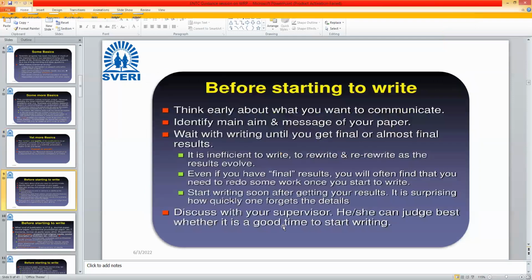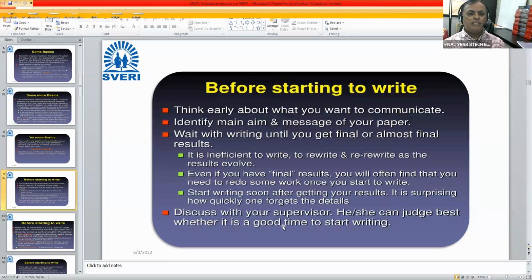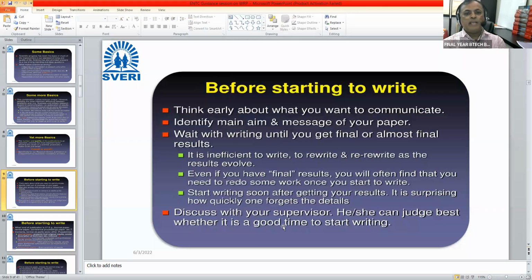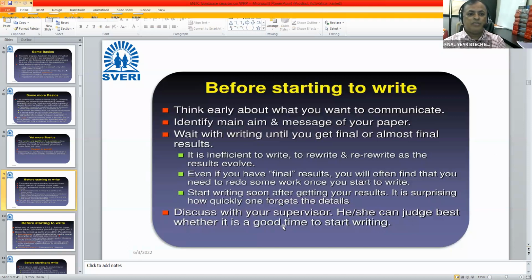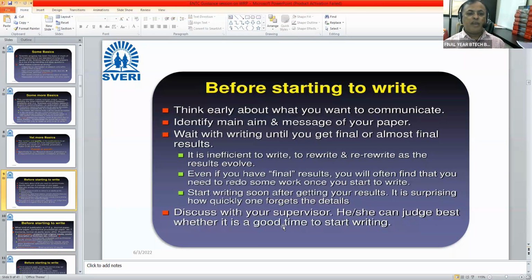Now there are some very important things before writing, a few things which have to be taken into consideration. Think about whatever you want to communicate, and identify the main aim and message of your paper while writing. Wait with writing until you get final or almost final results.